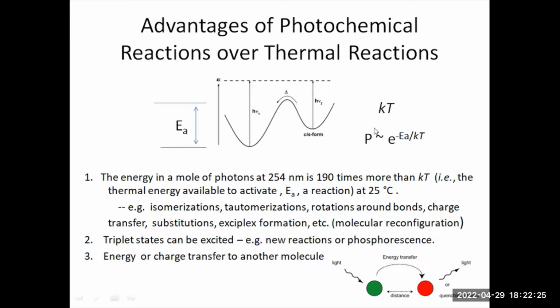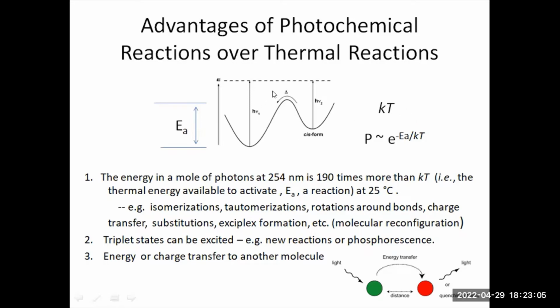And the probability goes as something like an exponential. So if the activation energy becomes very large, then the probability goes down exponentially fast with activation energy. But if we have a photon, then in a single photon we have enough energy to get over this energy barrier. As an example, the energy of a mole of photons, 6.023 times 10 to the 23 photons at 254 nanometers, is 190 times more than kT.